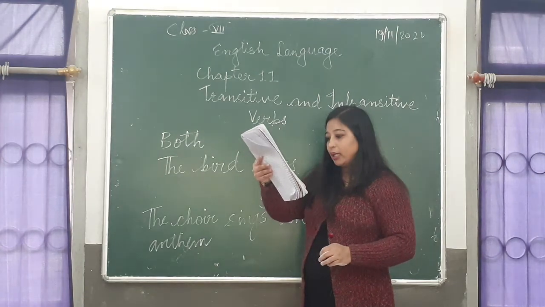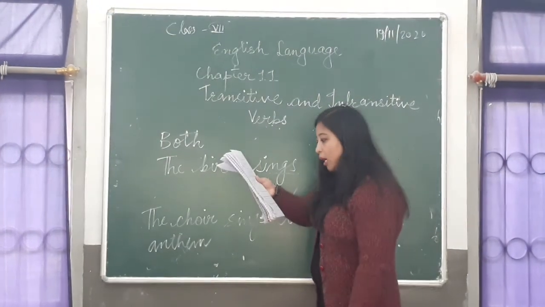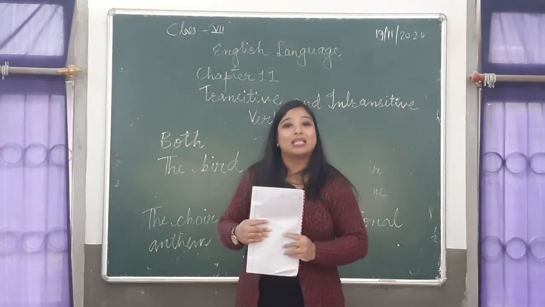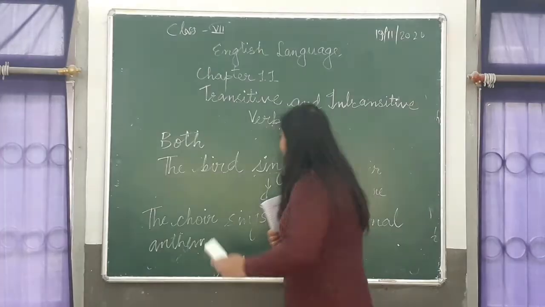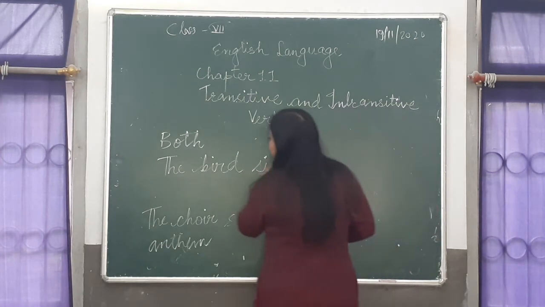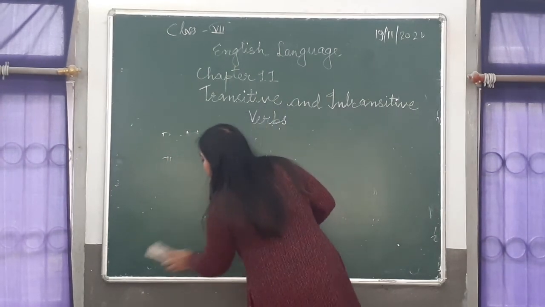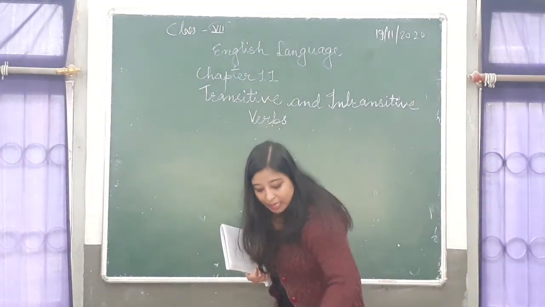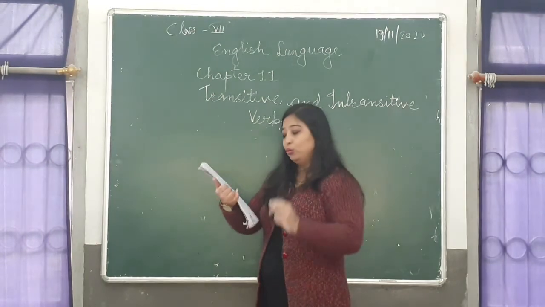Okay, and then another thing that you'll have to remember in transitive verbs is, at times if you see a sentence, there are two objects. Most of the time the object is one and it is the direct object receiving the action. But at times there are two objects.